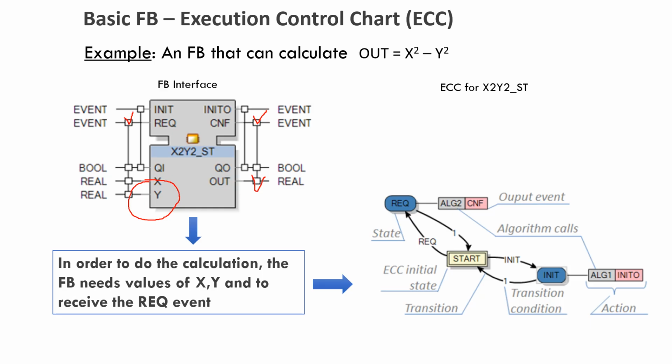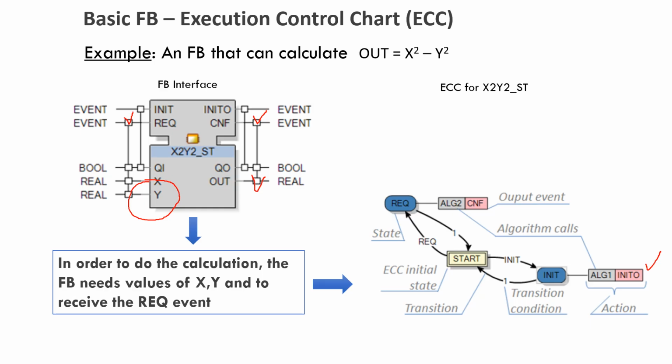The start state, where the function block is initially at the startup, and then at arrival of init input event, it goes into the init state, executes algorithm alg1 that is part of the action associated with this state, and having executed alg1, it emits init-o event, and then it returns back to start state, because the transition condition on the transition link between init and start state is always true, as indicated by 1. 1 means always true.